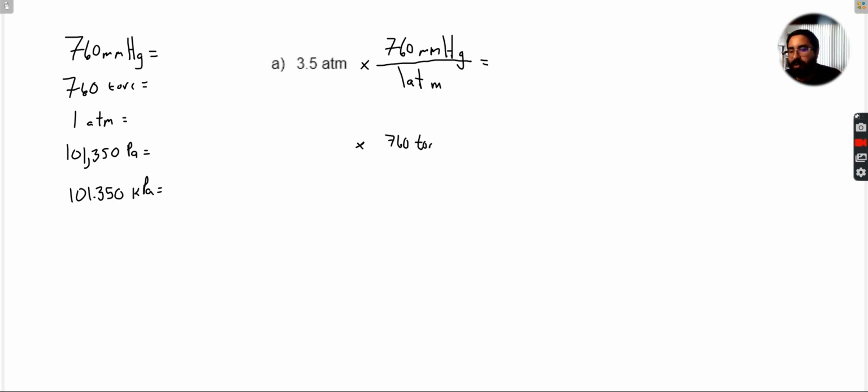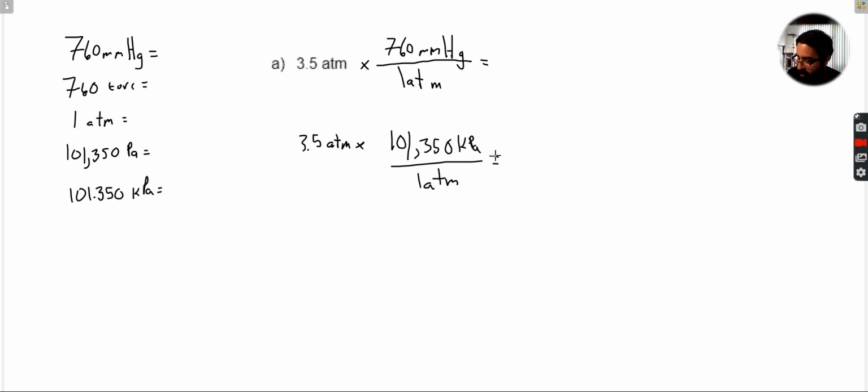No, I won't turn it to torr. We already know what torr is, so let's not waste space. Let's be efficient. Let's turn it into 101,350 pascals, and that's the same thing as 1 ATM. So 3.5 ATM. Sorry, that's my washing machine. Okay, so 3.5 times 760. You do it.